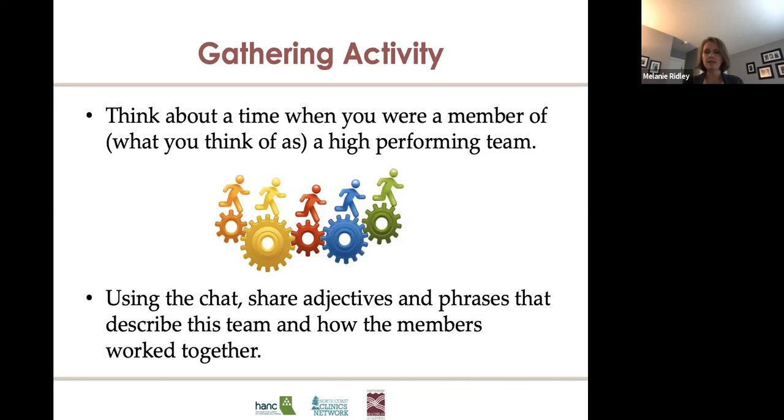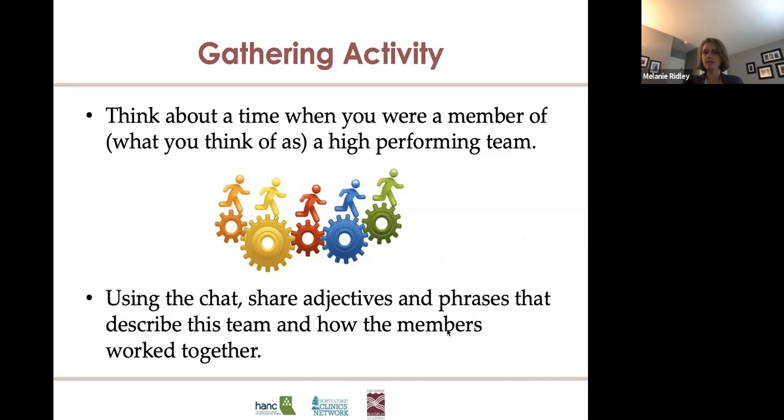So some of the things coming in: strong communication skills, right? Good communication, positive attitude. Absolutely. Having time away from direct patient care, right? Really carving out that time to focus on the team and the work of the team.